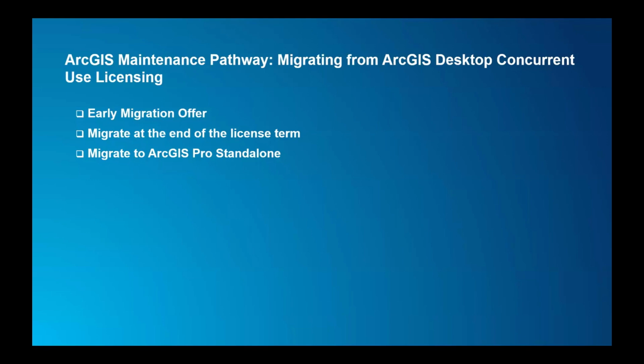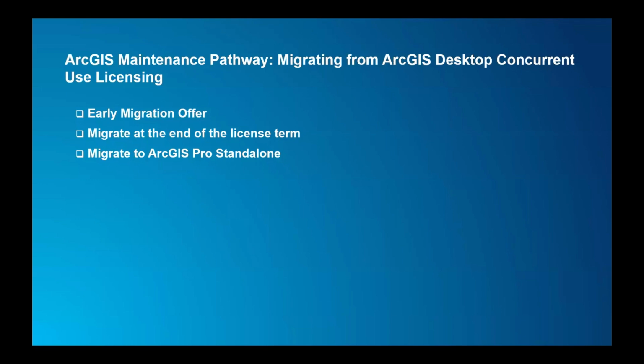You can convert one concurrent use license into 1 user type, or into 2 user types, or into 3 user types. So you have the options. You can get up to 3 if you so desire.